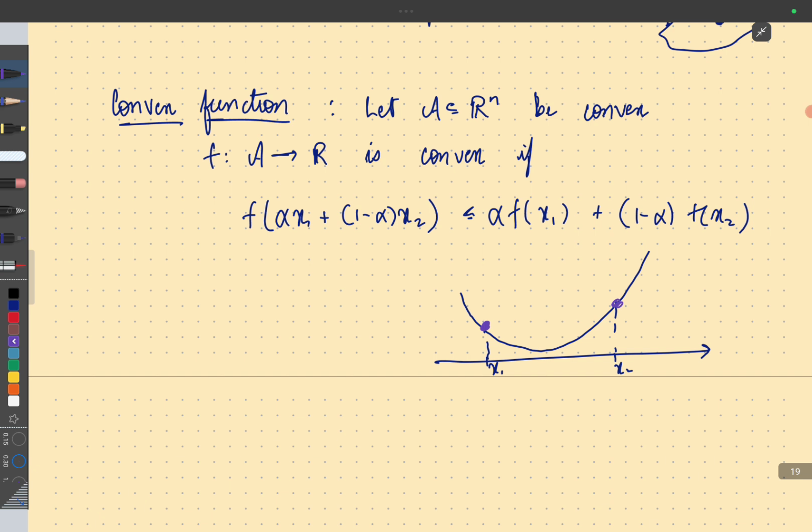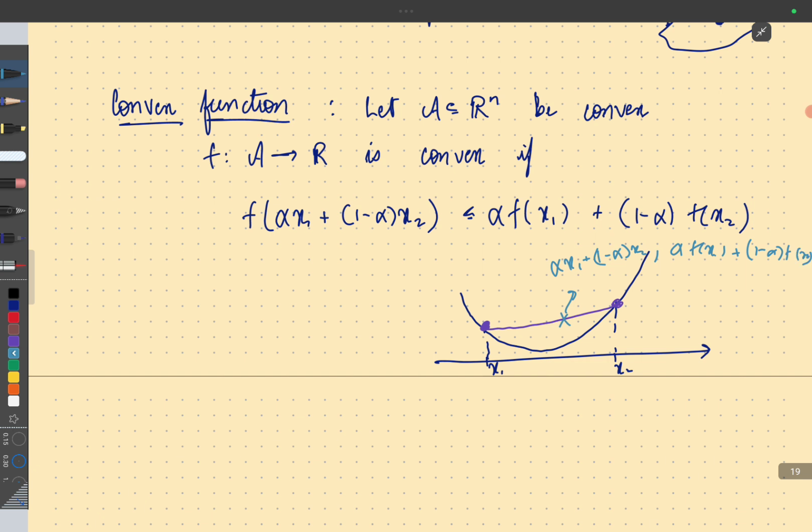The set alpha f of x1 plus 1 minus alpha f of x2 would essentially correspond to this line segment that joins f of x1 and f of x2. Any point over here corresponds to alpha x1 plus 1 minus alpha x2, comma alpha f of x1 plus 1 minus alpha f of x2.